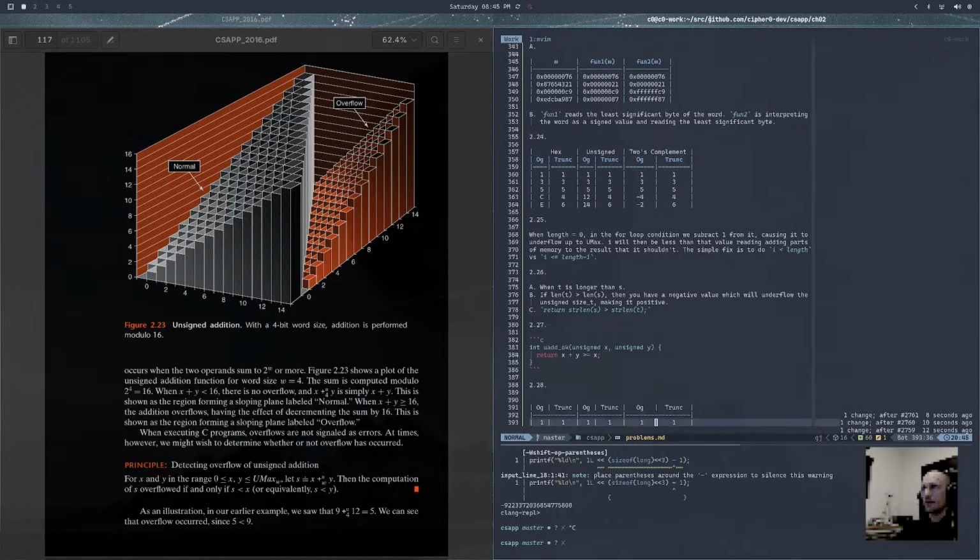How many columns? Let me just regenerate another table here.